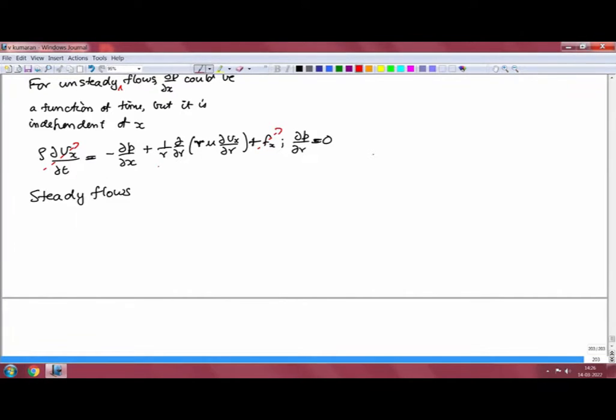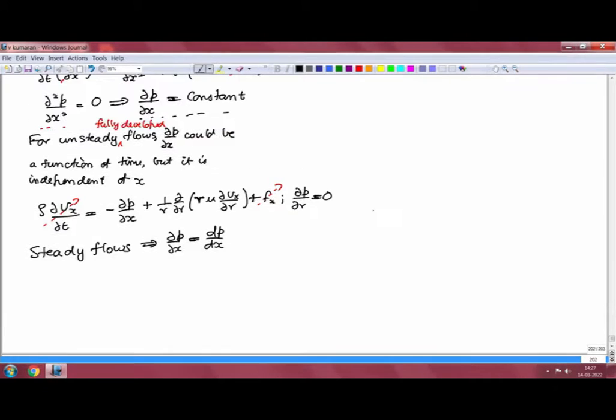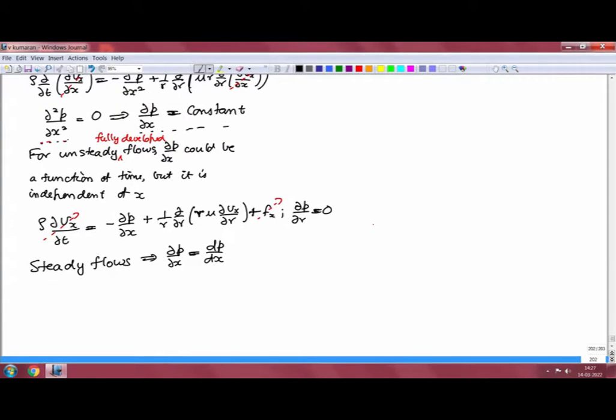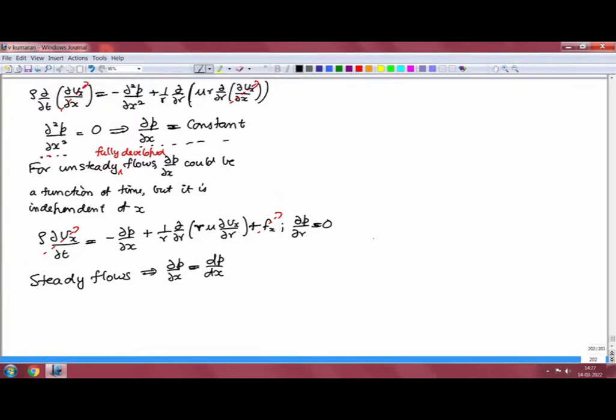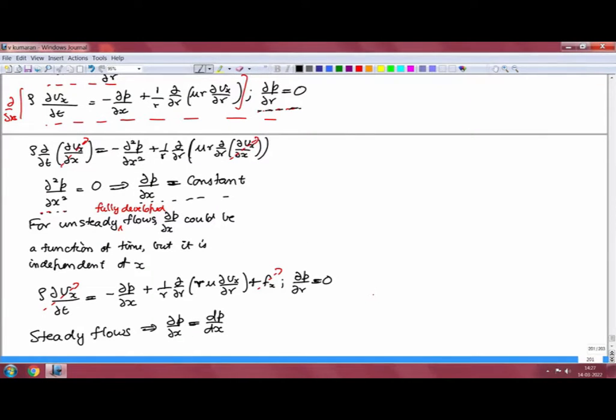Since p is not a function of r and for a steady flow p cannot be a function of time, this implies that the partial derivative is the same as the total derivative, because we know from the momentum conservation equation that the second derivative is 0. That means dp by dx is independent of x, and it is independent of r from the momentum conservation equation in the r direction.